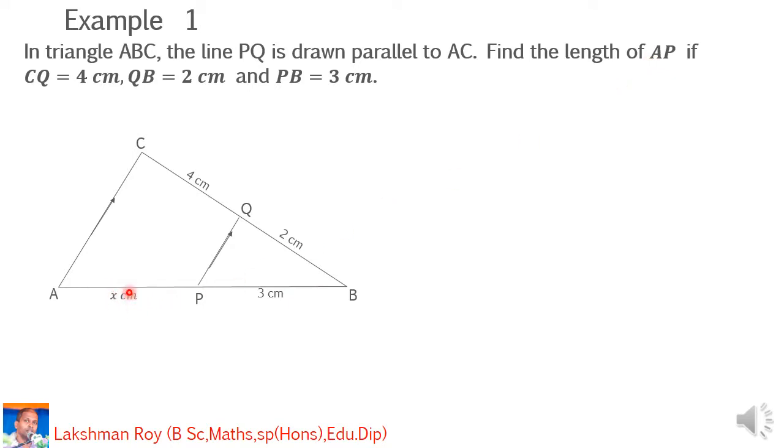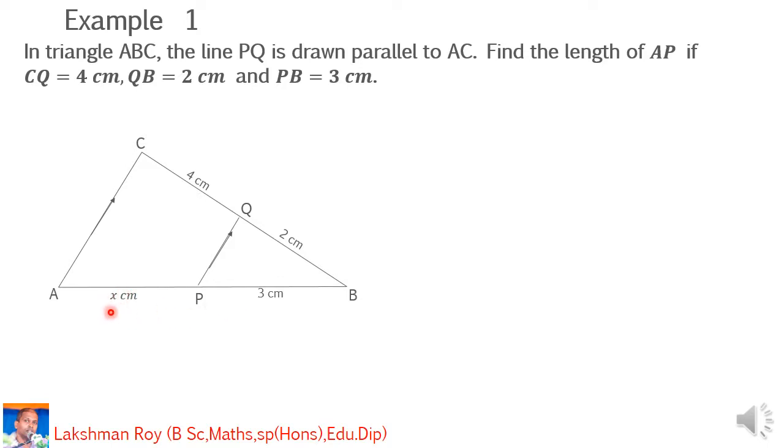Now you can see, students, the theorem says if a line is drawn parallel to another side of a triangle, the other two sides CB and AB are divided proportionally. Now you can write a proportion. We want to find this x. That means we should write this AP length, so I write x and 3 centimeters.